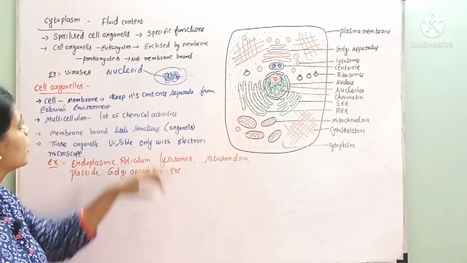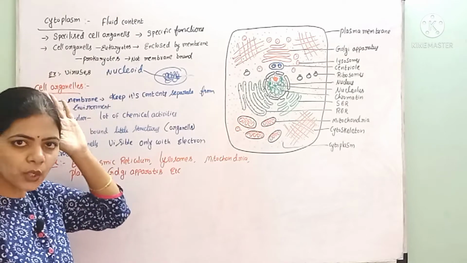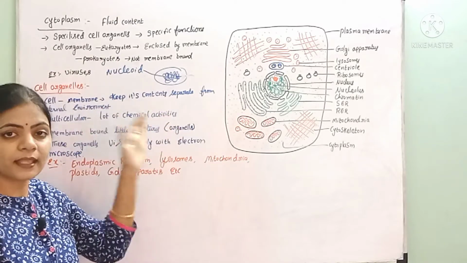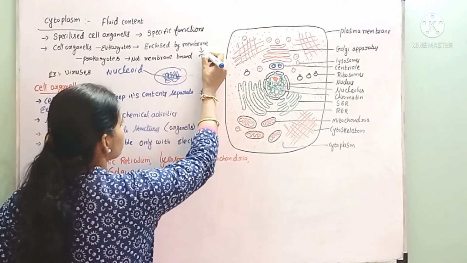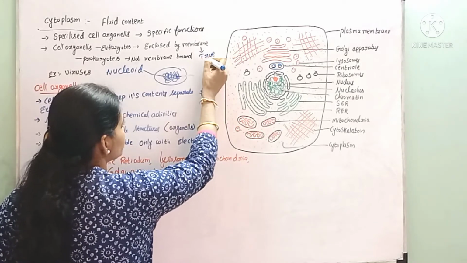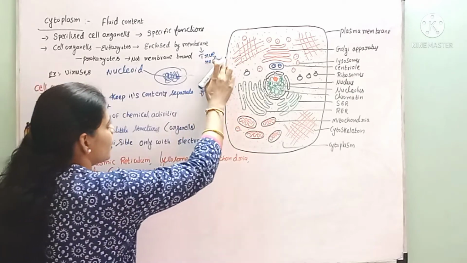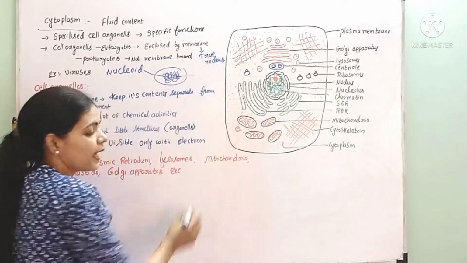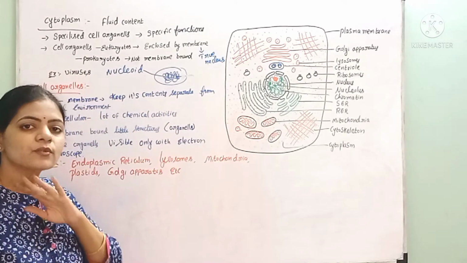What is the difference? The eukaryotic cells have membrane-bound cell organelles and they have a true nucleus, which is covered with membrane. A true nucleus is present in the eukaryotic cells, whereas in prokaryotic cells the membrane-bound cell organelles are absent.